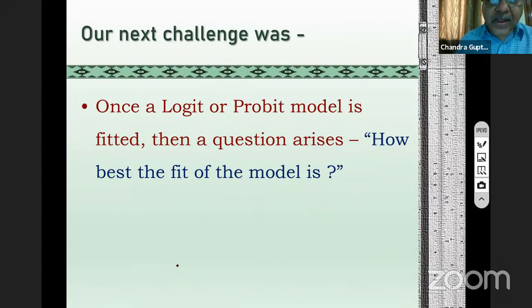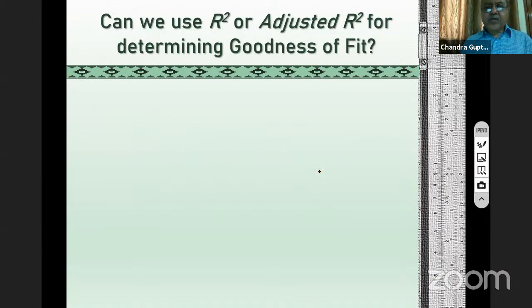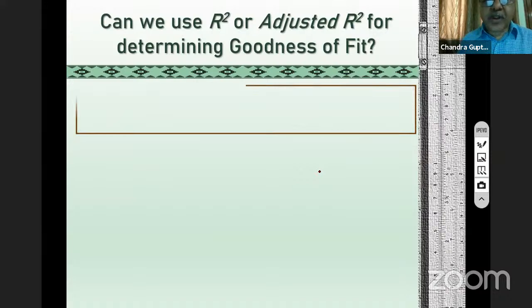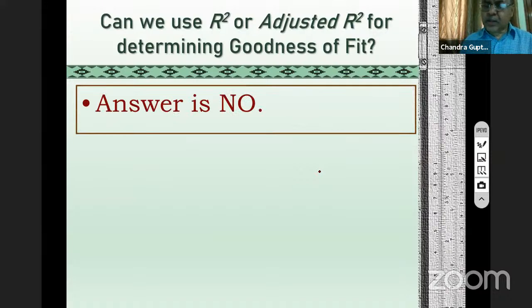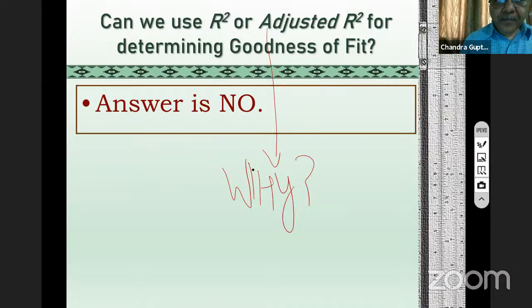Another question we have to decide is how do we know which model is the best model? Can we use R squared or adjusted R squared for determining goodness of fit? The answer is no. Can any one of you think why this is no?